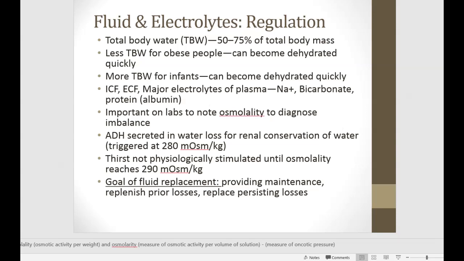There's more total body water for infants, so they can become dehydrated quickly. ICF, ECF, major electrolytes of plasma, sodium, bicarbonate, protein, albumin. It is important on labs to note osmolality to diagnose an imbalance.